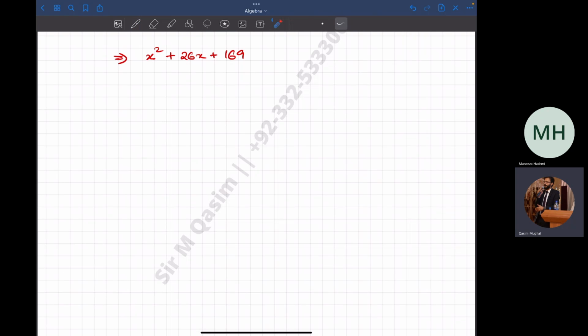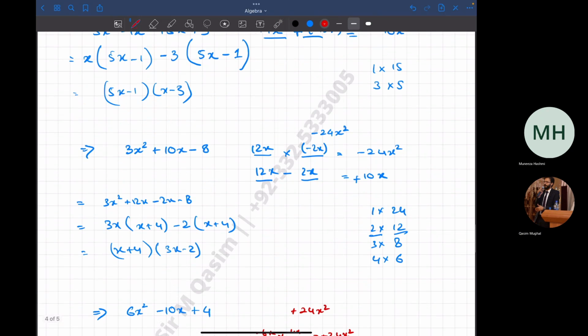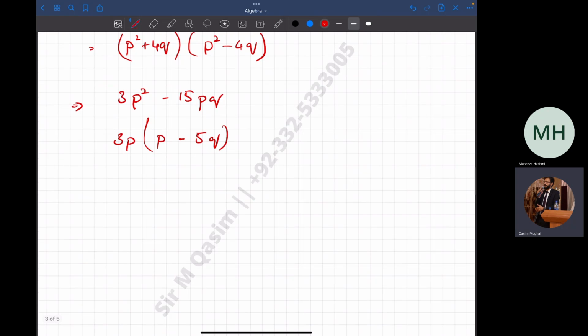Okay, now this is an expression which will definitely be factorized by using completing the square.